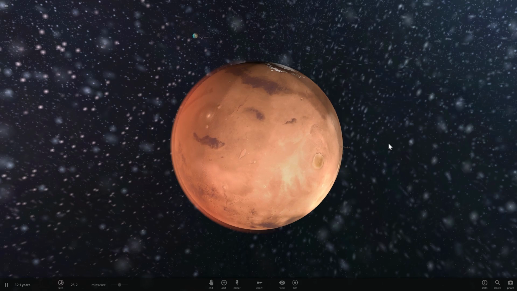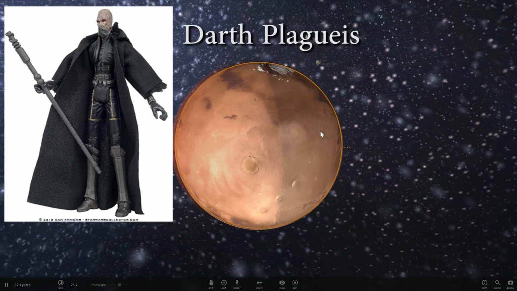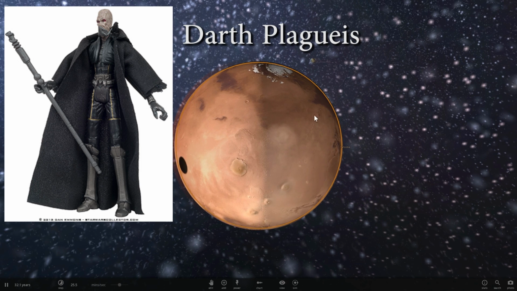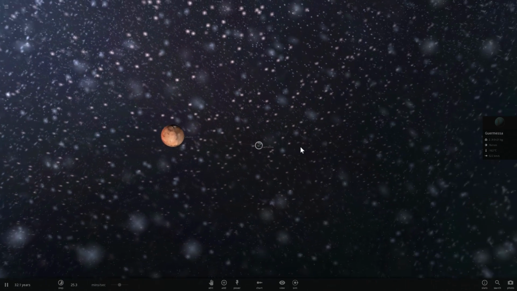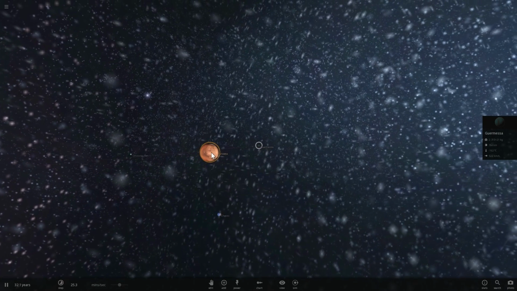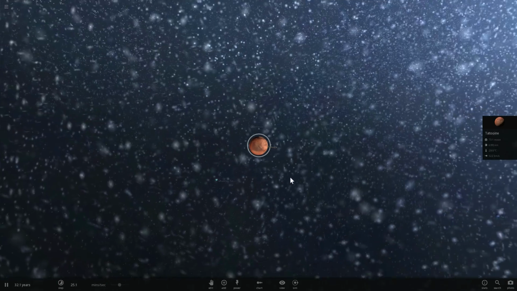of the most powerful Sith in the universe, known as Darth Plagueis, or is it Plagueis? Anyway, this guy is mentioned by Darth Sidious in one of the Star Wars movies, and he was the master of Darth Sidious, so powerful in fact that he could create life.